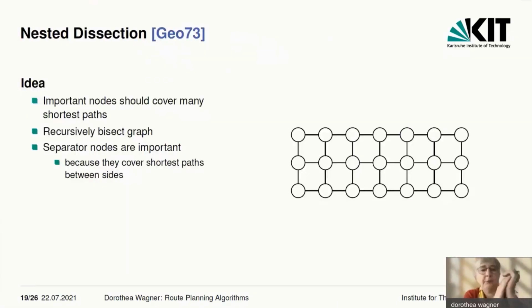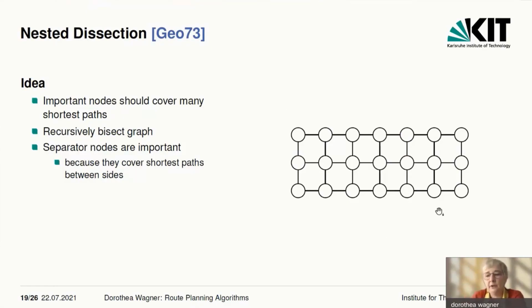Sometimes theory helps. There's this notion of nested dissection, also in theory a very old notion. And it's actually depending on separating a network, something we already talked about before, using separator nodes.